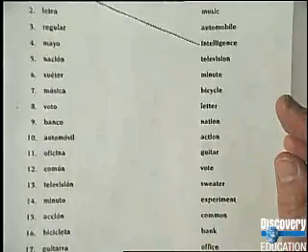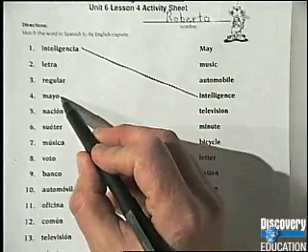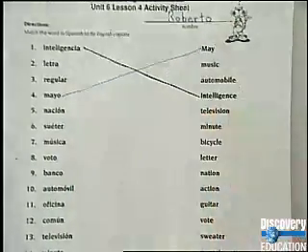So go ahead and see if you can find some of those, and some of those are pretty easy, like this one, mayo. I happen to know that we've covered that, and mayo is May.